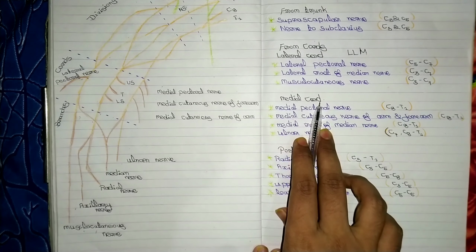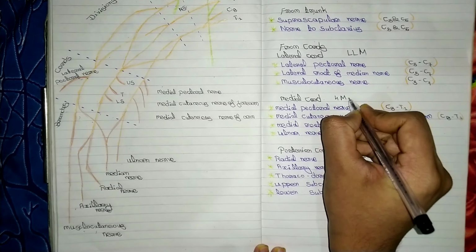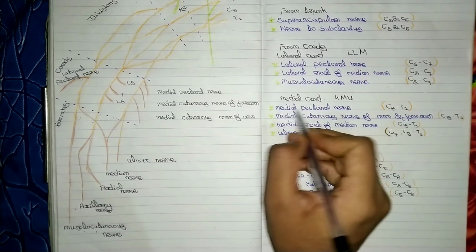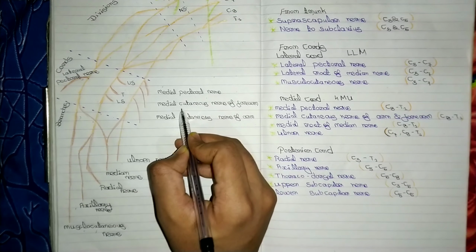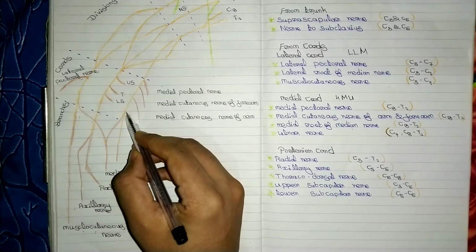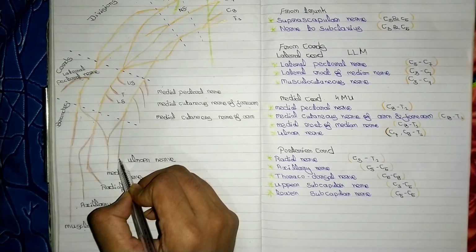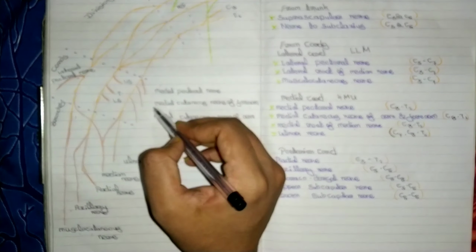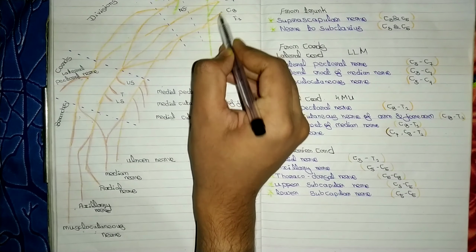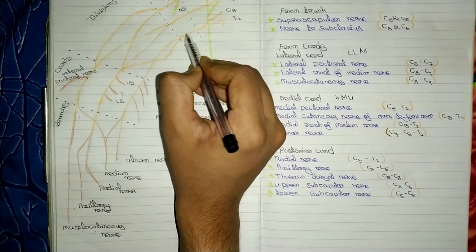Now from the medial cord, we can remember through 4MU: the medial pectoral nerve, the medial cutaneous nerve of the forearm, the medial cutaneous nerve of the arm, the medial branch of the median nerve, and the ulnar nerve. The medial cord arises from the combination of C8 and T1, because C8 and T1 combine to form the lower trunk.